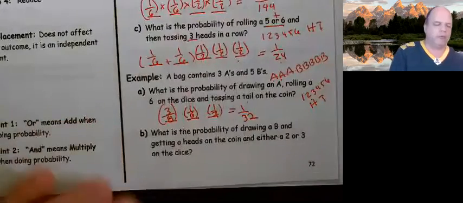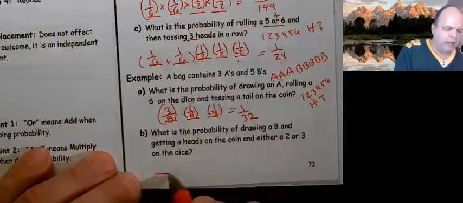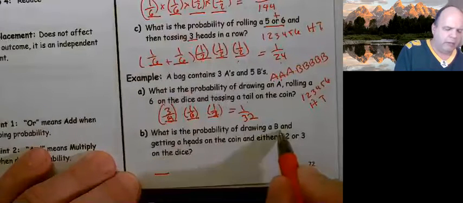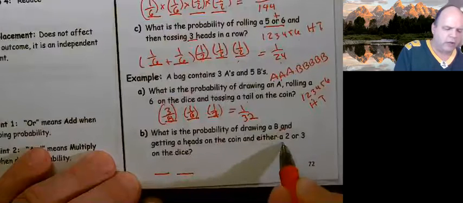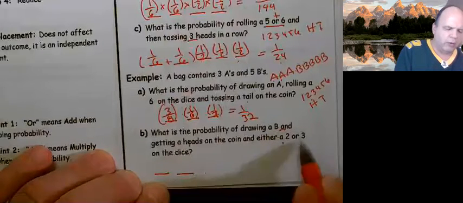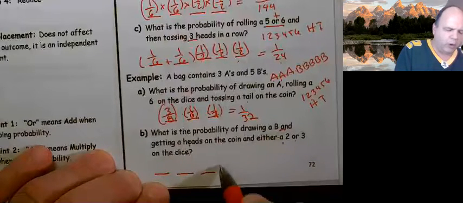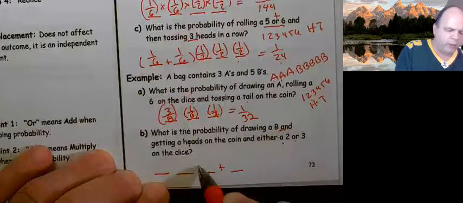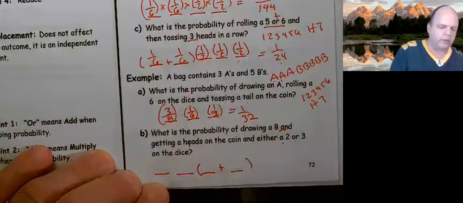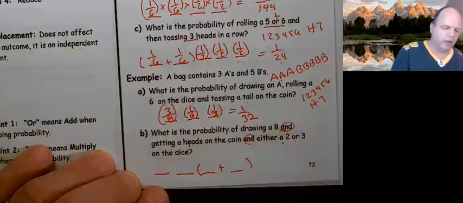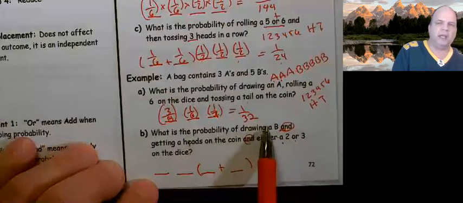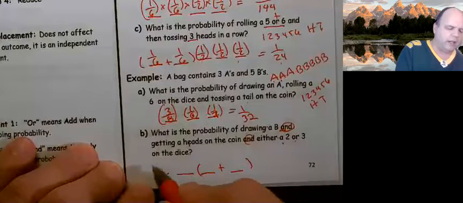What's the probability of drawing a B and getting a heads and either a 2 or a 3? Once again, we put in that or, that means add. Whenever we add, we need to put that in parentheses. When we're here, we have an and, so we know we're multiplying here. So the probability of getting a B, well, there are 5 B's out of the 8 letters.